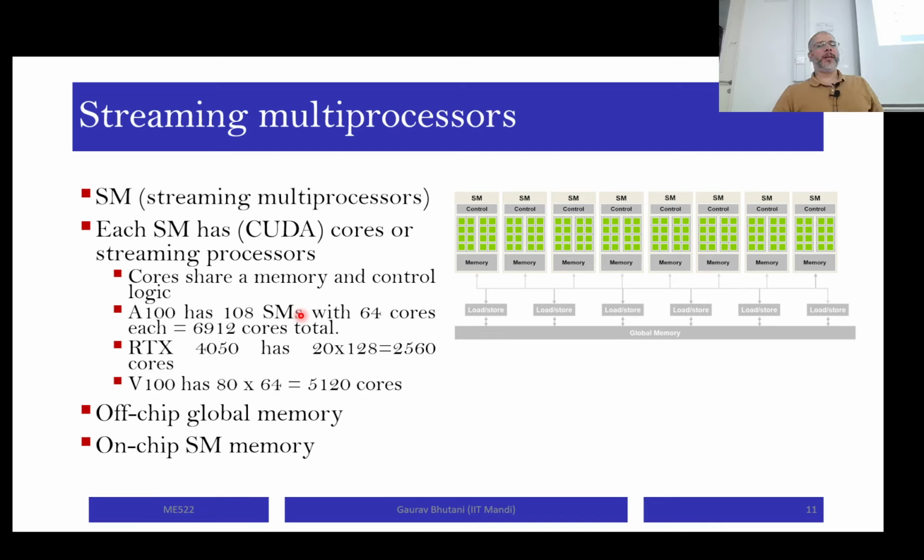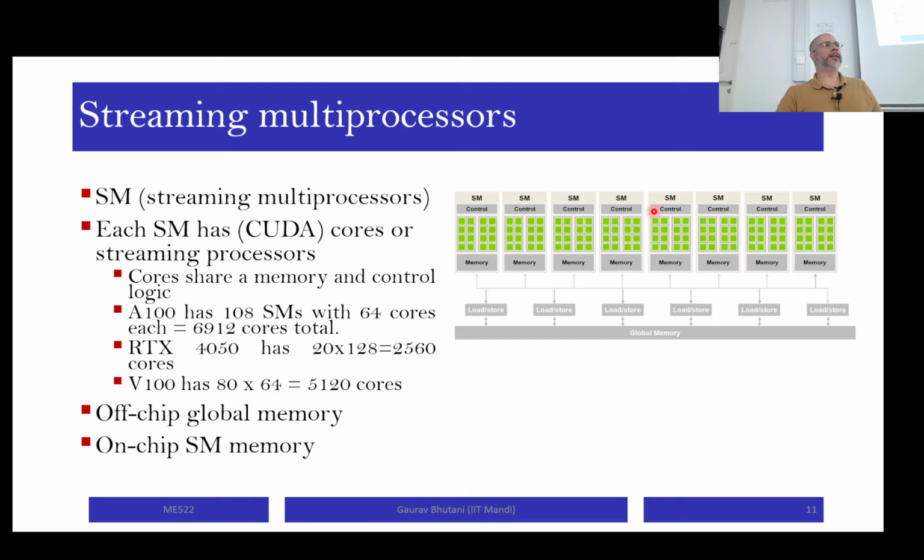So, there is something called a streaming multiprocessor. This is typically written as SM, and if you look at the architecture of a GPU in the figure on the right hand side, you see these sections called SMs.